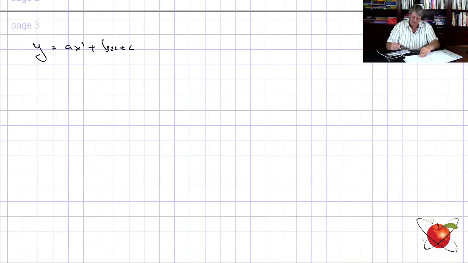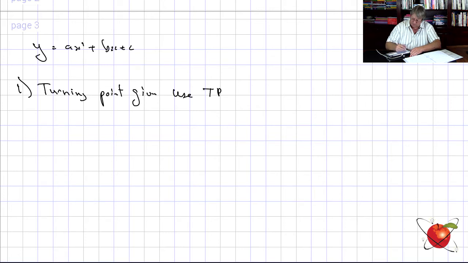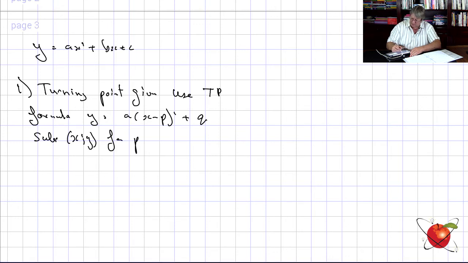Let's say, for example, we have to do this. So the recipe is this. Recipe number 1: turning point given. Use the TP formula, y is equal to a, x minus p all squared, plus q, and substitute the x and the y for the p and the q of the turning point.